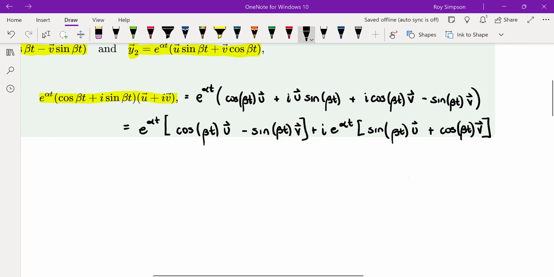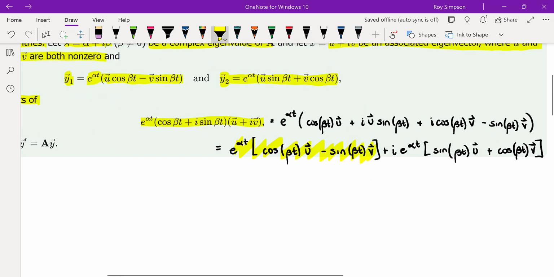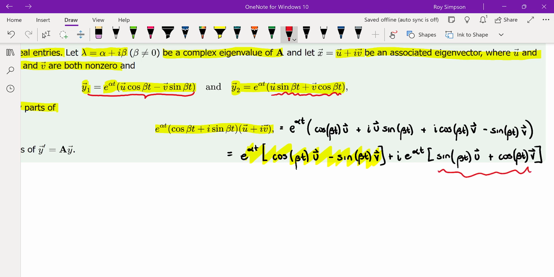And if you take a look at that, the first piece, I'll highlight it right here, if you take a look up here, that's just that guy right there. That's called the real part. And then the imaginary part is e to the alpha t times u sine of beta t plus v cosine beta t, and that's all this stuff right there.